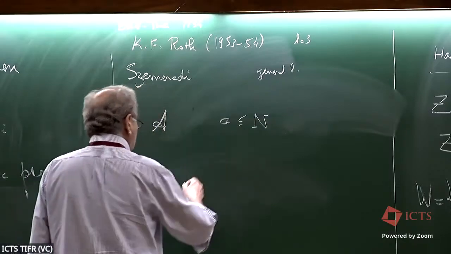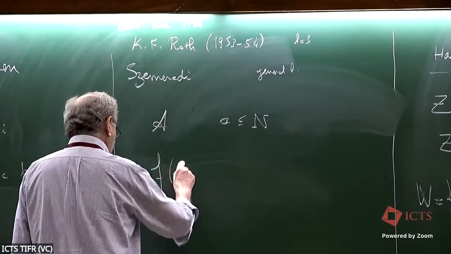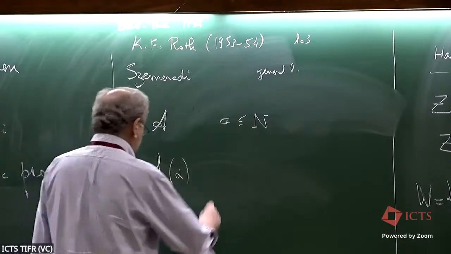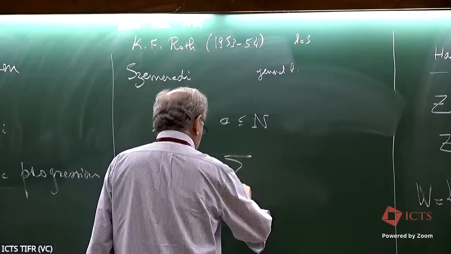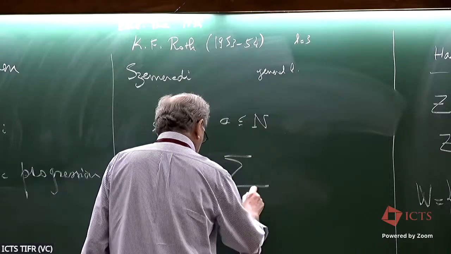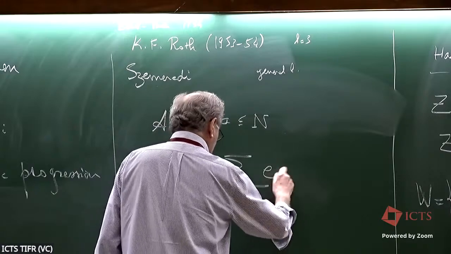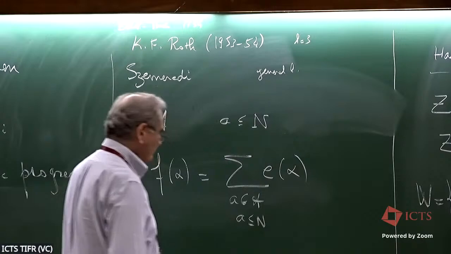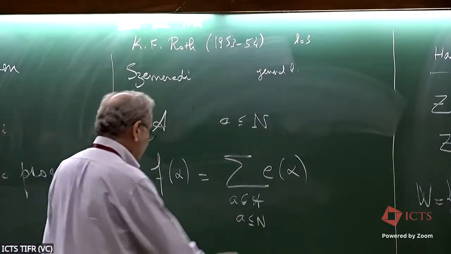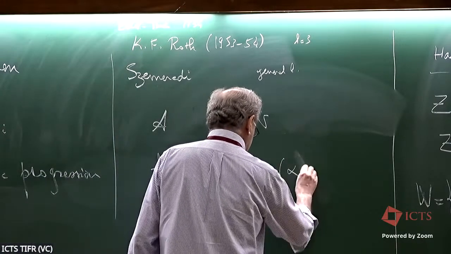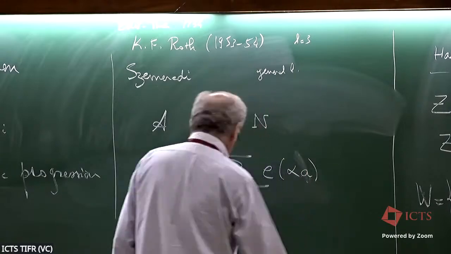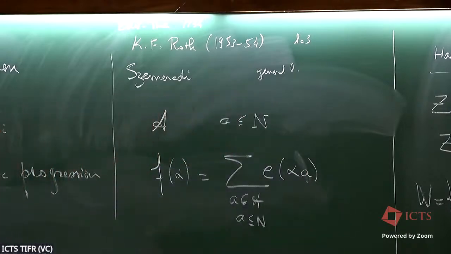So what he's considering is the function f of alpha, which is the trigonometric sum over a belonging to A, a less than N, of e(alpha a). Now you have to say something about elements in arithmetic progression.